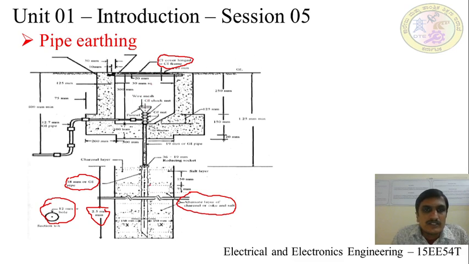To keep the earth resistance minimum, that is less than 5 ohms, periodically pour water using this funnel. The equipment is connected to the earth pipe or earth conductor using earth wire of 8 SWG galvanized iron wire.